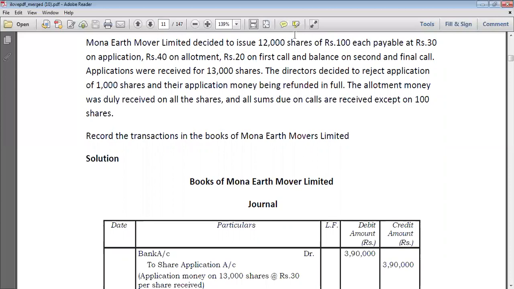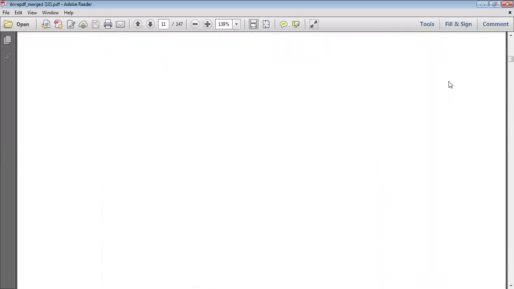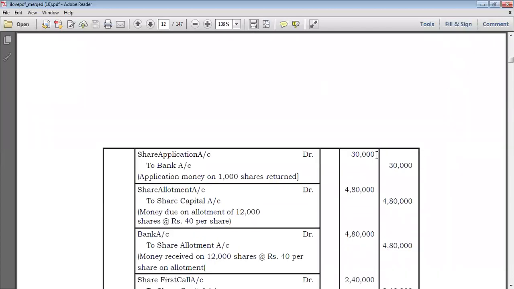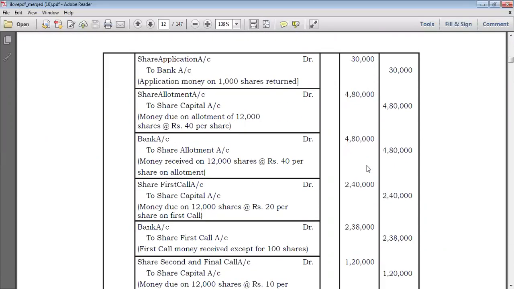So in the capital account we transfer only 3,60,000. On 1,000 shares we refund the money and make the entry share application to bank, 30,000 rupees.